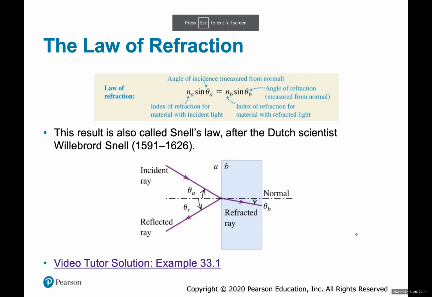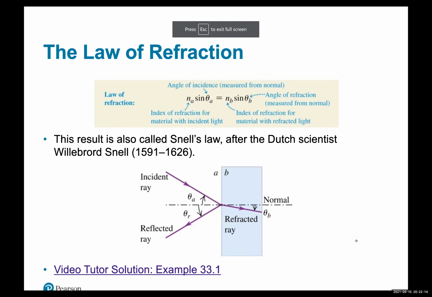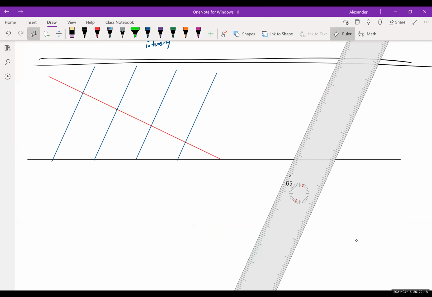Maybe if I can hold on to the pen. Suppose we have a ray of light propagating in this direction towards a boundary, an interface between two media.